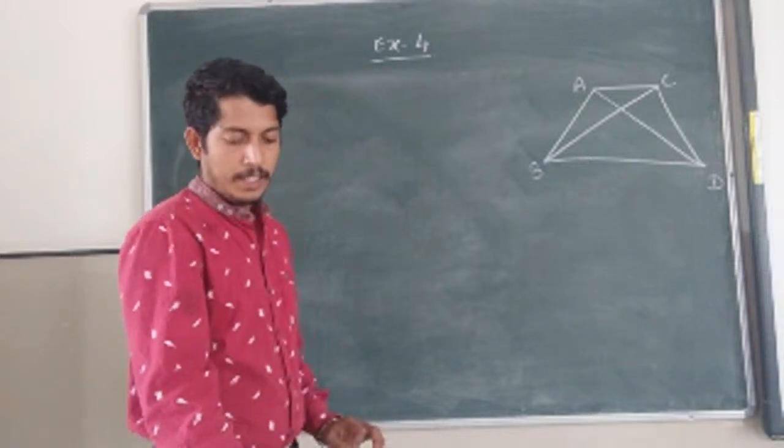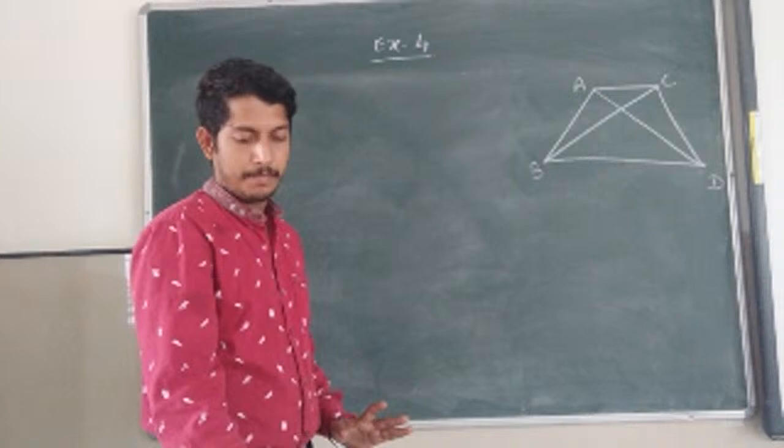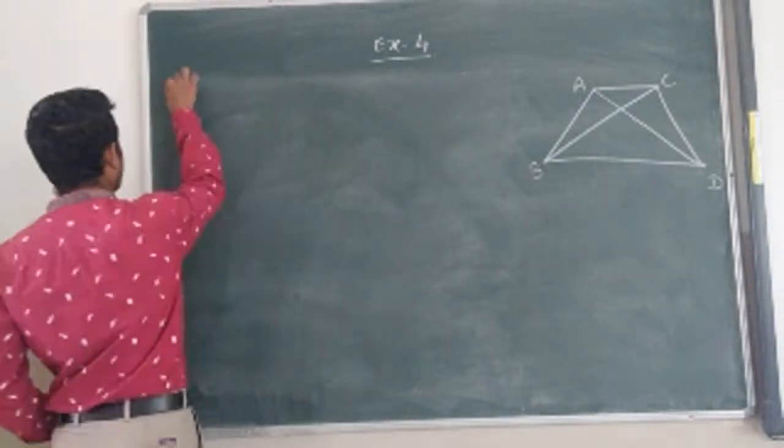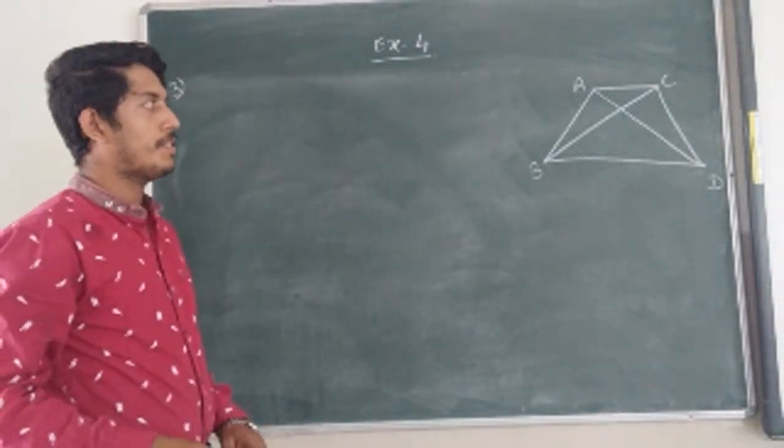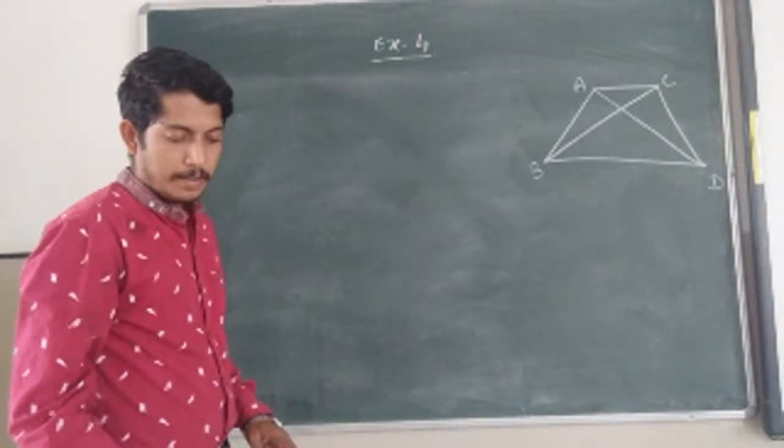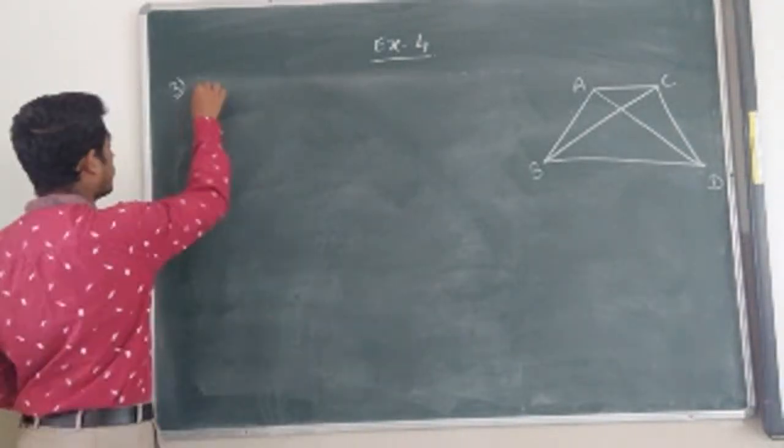BC is the given data. Triangles ABC and DBC are given.